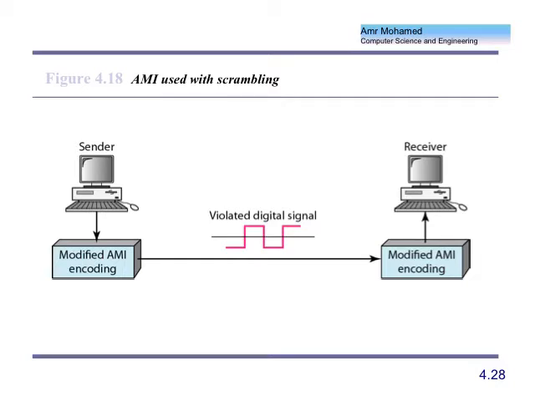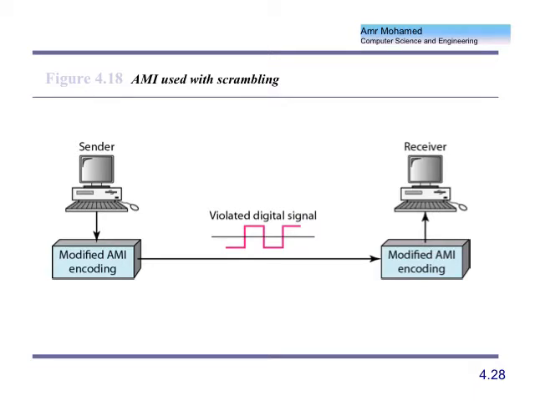So this happens as a modified version of AMI, which uses scrambling as a complementary technique to replace the consecutive zeros with another pattern which can enhance the synchronization, as we will see in a minute.